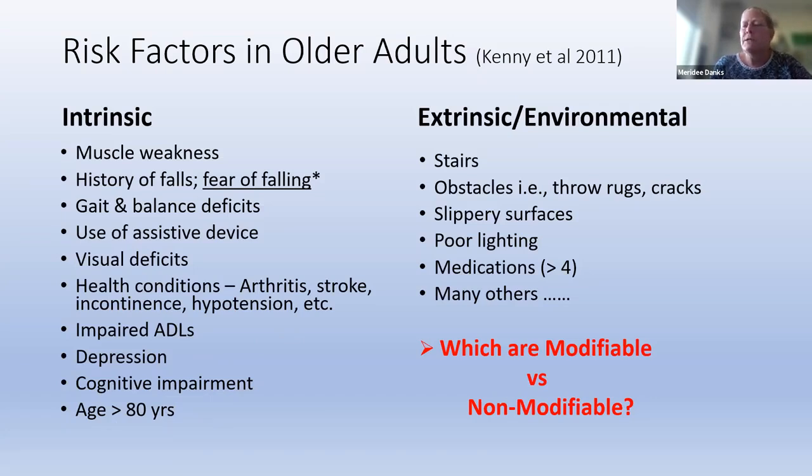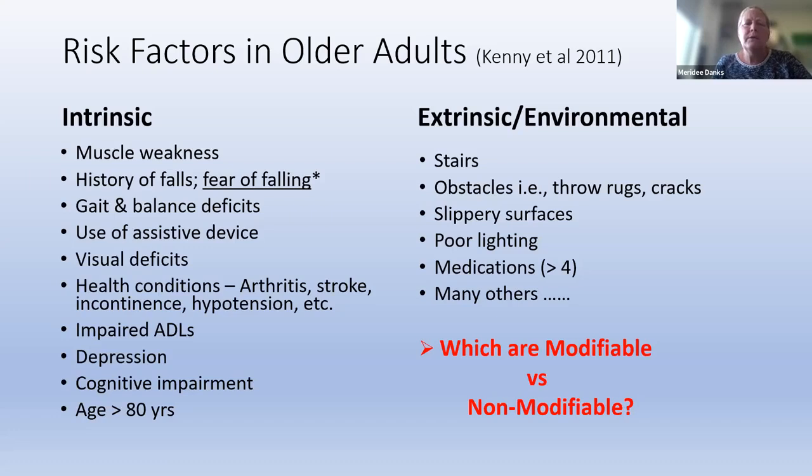Taking medications, especially greater than 4 medications, has a greater impact on your fall risk. Types of medication, if you've looked at side effects of medications, one of the number one side effects of a lot of medication taken by older individuals is dizziness or impairment of balance. So those are things we might want to look at.